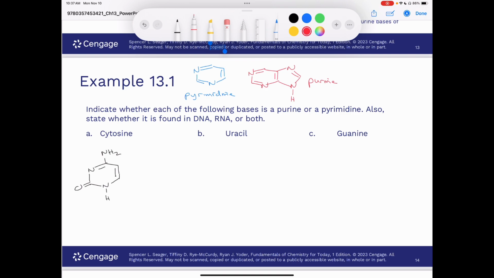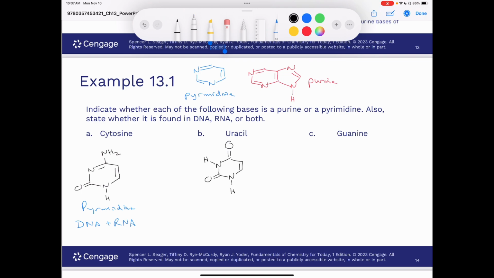And you can see here that cytosine is a pyrimidine. I have the structure of pyrimidine drawn up here in the top in blue. And so we'll put here that cytosine is a pyrimidine. And if you remember, cytosine is found in both DNA and RNA. All right, next we have uracil.